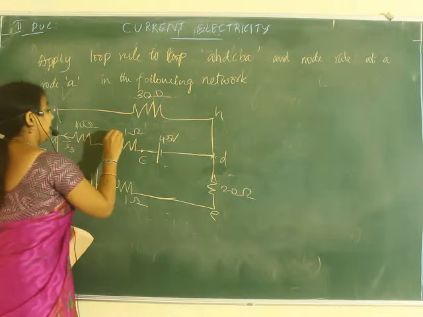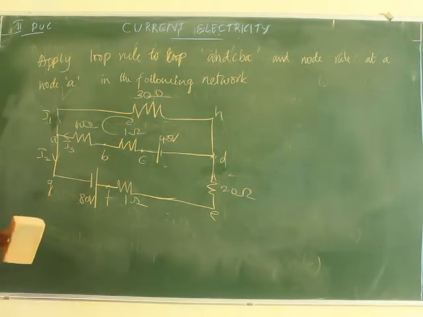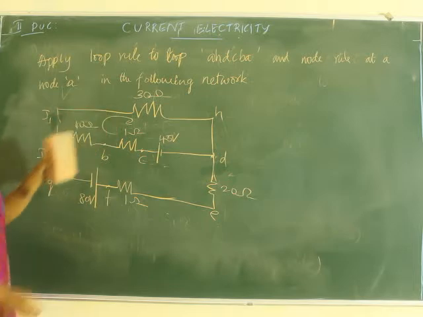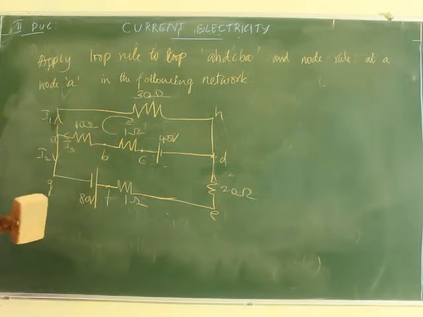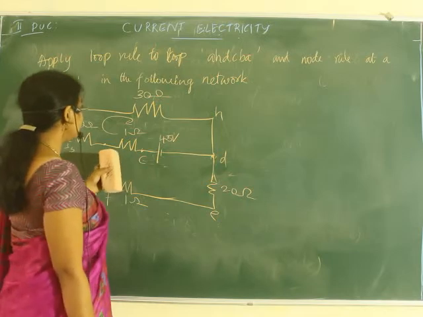We will draw one arrow mark. According to the arrow mark, we will move. For these two, current is I3. For this, current is I1. Correct? Same direction it is. So for us to know, it is not difficult. It's easy. Correct? So how can I write?